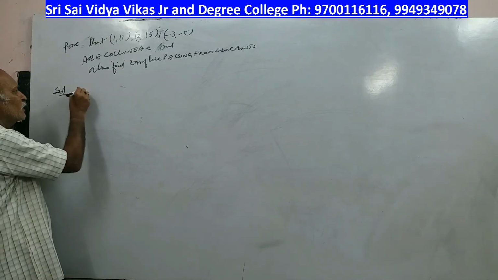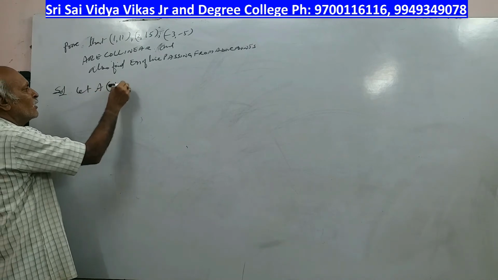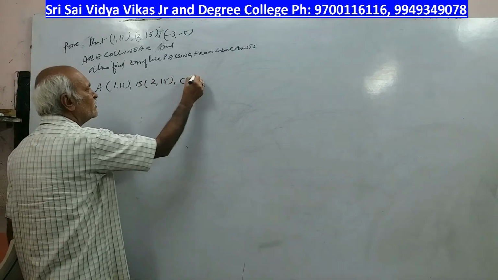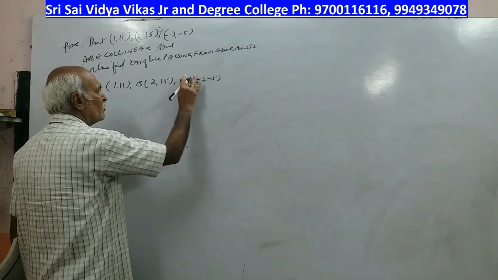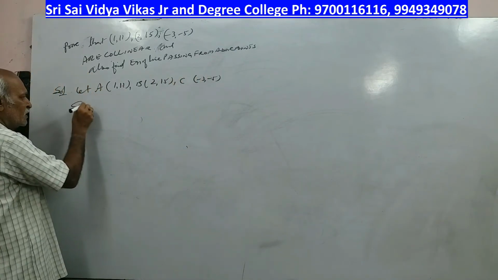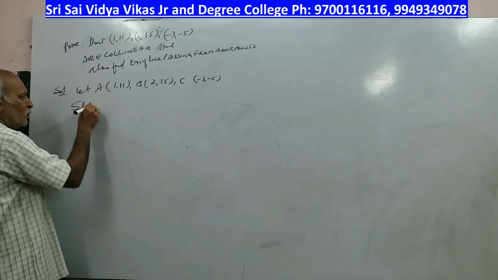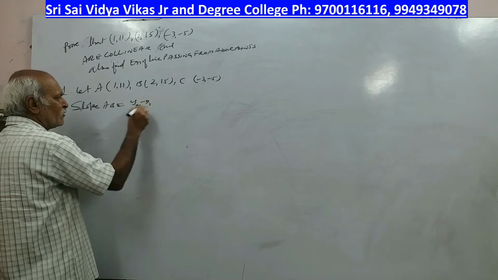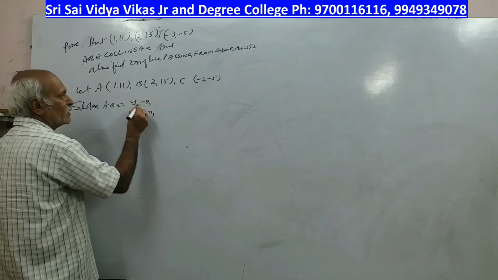So let A be (1, 11), B be (2, 15), C be (-3, -5). Now, slope of AB. The formula is (y2 minus y1) by (x2 minus x1).